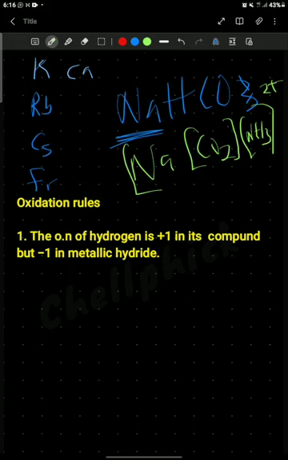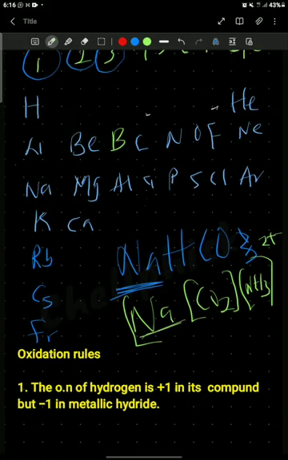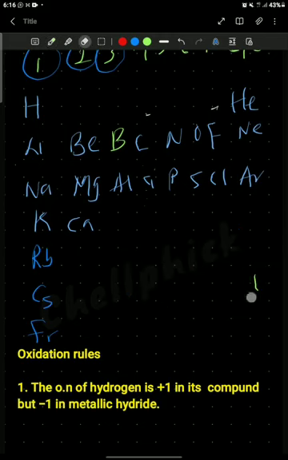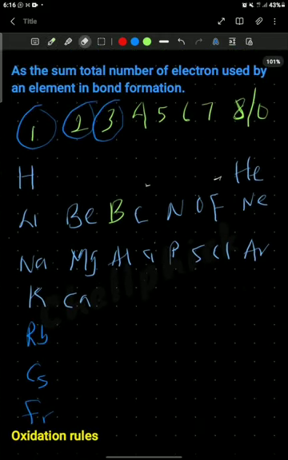I don't care what the compound may be. I don't care how big the compound is. The oxidation number of sodium will always be 1+. That's the summary of everything I'm trying to say.